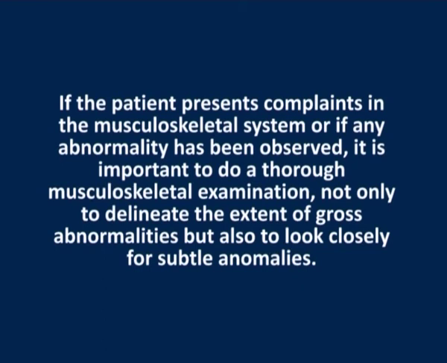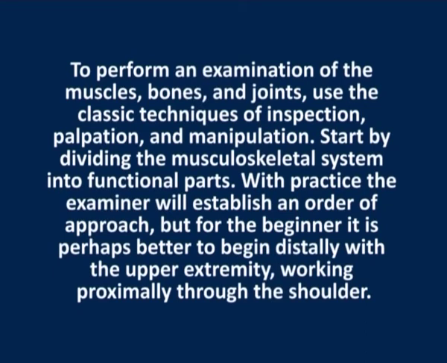If the patient presents complaints in the musculoskeletal system or if any abnormality has been observed, it is important to do a thorough musculoskeletal examination, not only to delineate the extent of gross abnormalities but also to look closely for subtle anomalies.